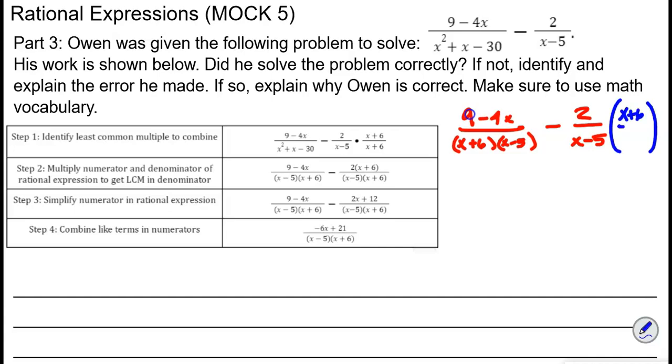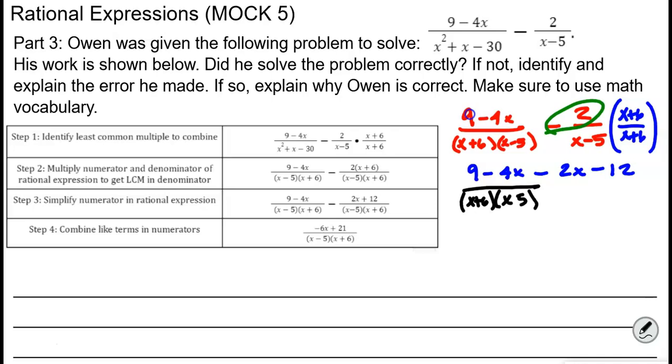X plus 6 over x plus 6. So that's going to give us 9 minus 4x minus 2x minus 12, right? Because remember, we're multiplying that negative by both terms, okay? And then all of that is over x plus 6, x minus 5.